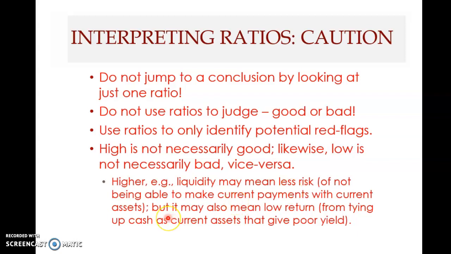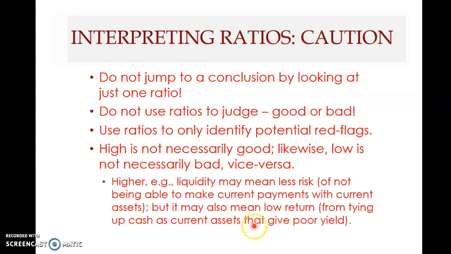But high liquidity may also mean low return, because the company has a lot of current assets, and these current assets give very poor yield. Yield here means return. If you had invested the funds in fixed assets, this can be used to generate a higher return. So higher liquidity may mean less risk, but it also means less return, as we have seen in the first chapter.